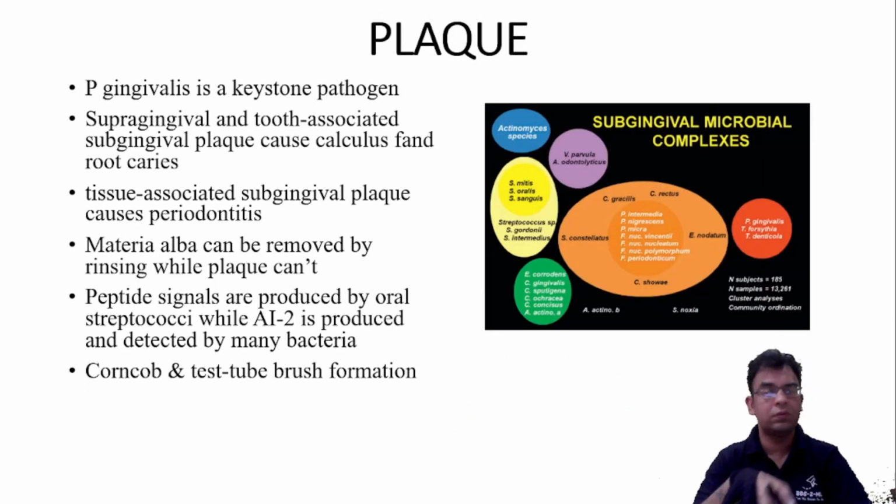Plaque, another. In classes, we always discuss that plaque is a very, very important topic, and it's an evergreen topic. You cannot take plaque for granted. Microbial complexes. It's a straightforward thing, but yes, we tend to forget at times, and we get confused because of the way it has been given in Carranza.